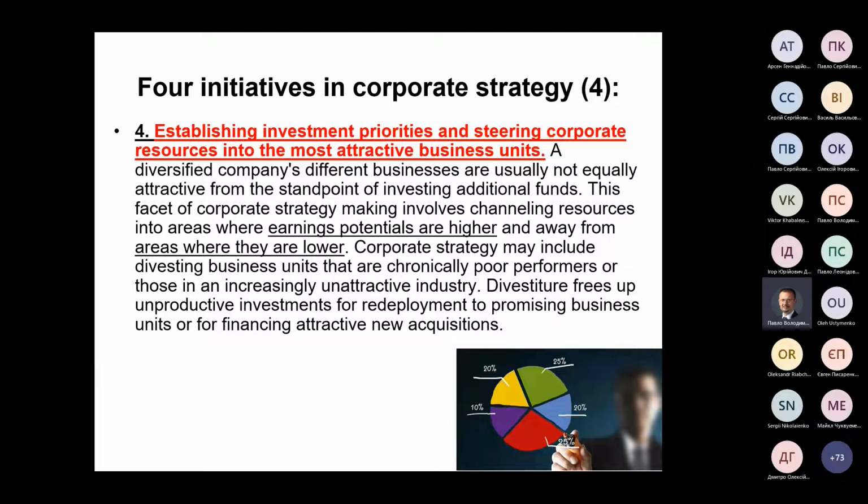But sometimes we need new, bigger investment to support maybe a new strategical business unit and new direction. And maybe for this purpose, we do not have enough investments, and it's not possible to have the investments from outside. And in this very case, we need to sell at least one strategical business unit and to invest this money into other strategical business units.